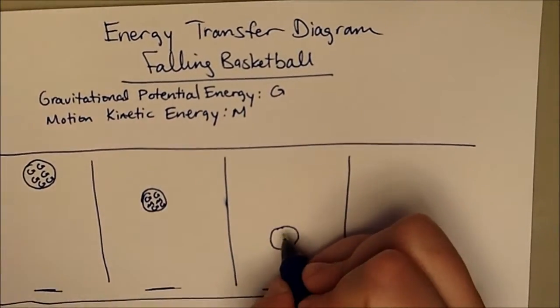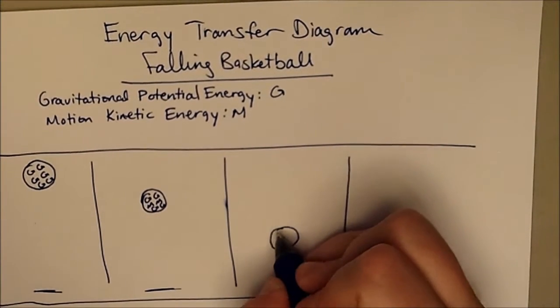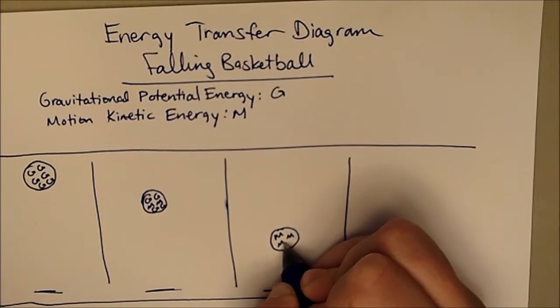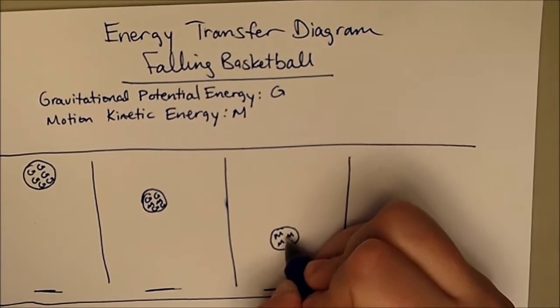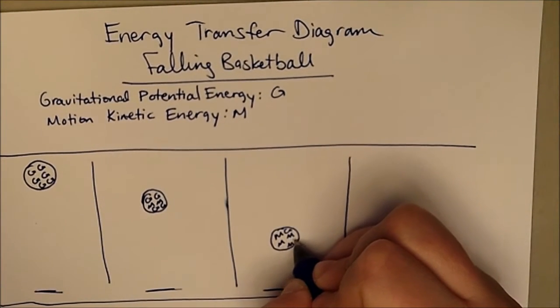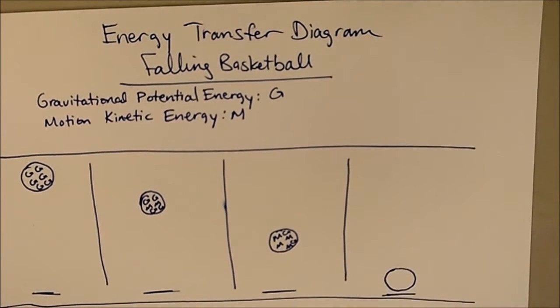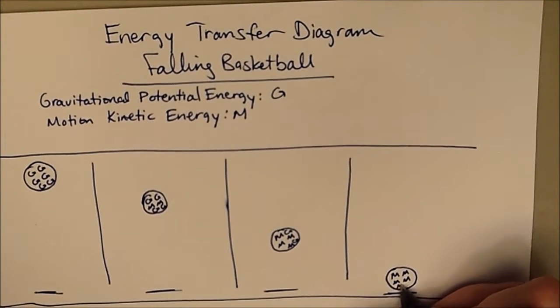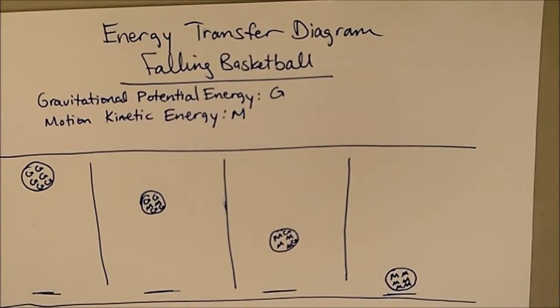And then 2/3 of the way down, we have now 4 M's and still 2 G's because it hasn't quite completely fallen to the ground. But as it gets to the ground, all of our G's have now become M's and we all have motion energy.